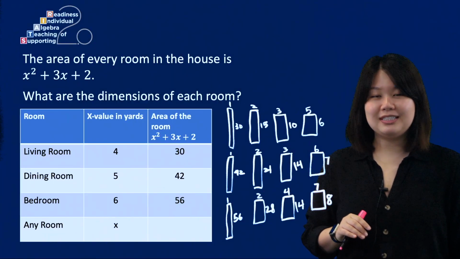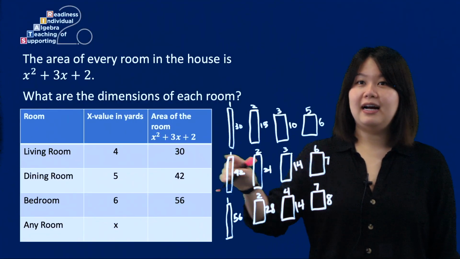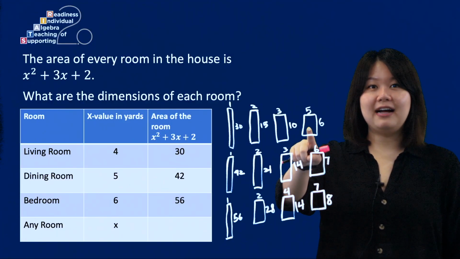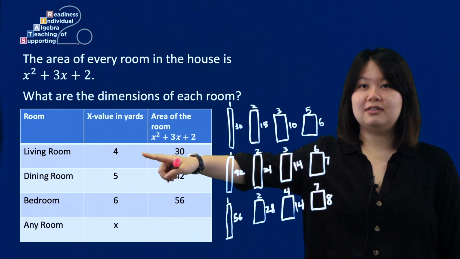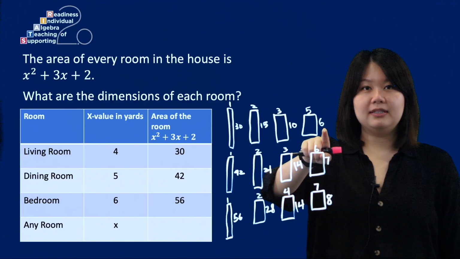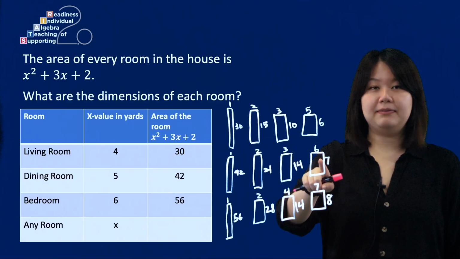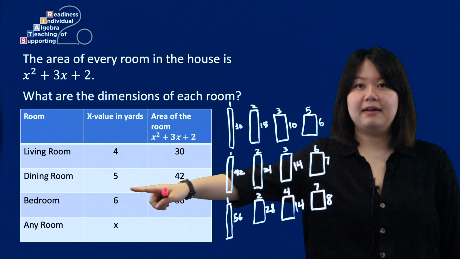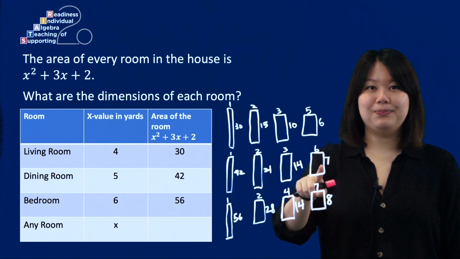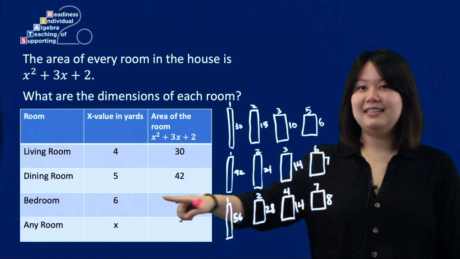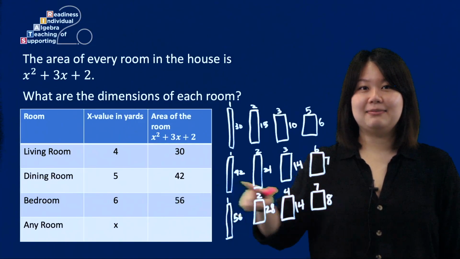At this point, students probably will realize that for this set of factors, 5 and 6 is just 4 plus 1 and 4 plus 2. And the same here, 6 and 7 is 5 plus 1, 5 plus 2. And likewise, for 7 and 8, 6 plus 1, 6 plus 2.